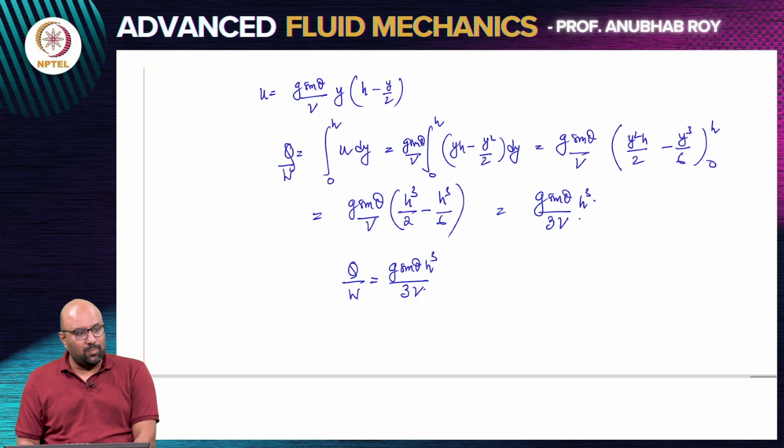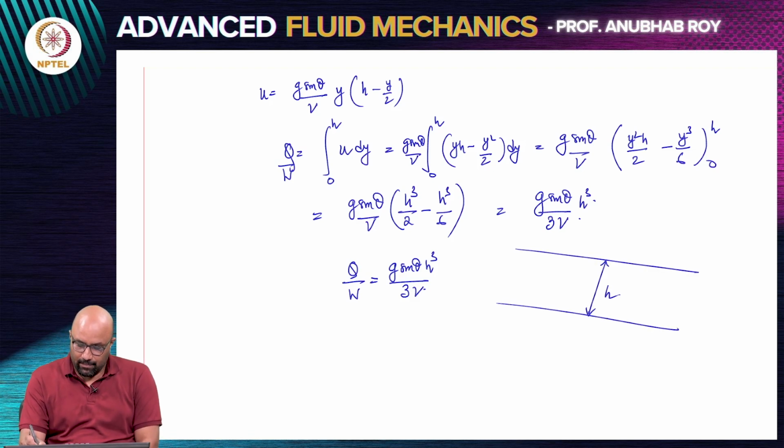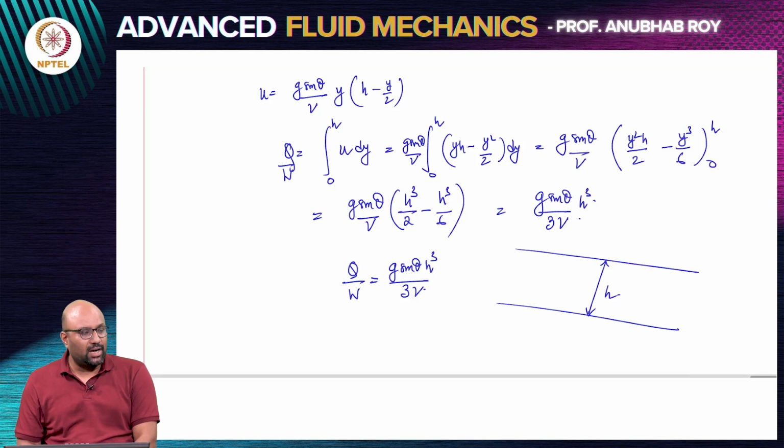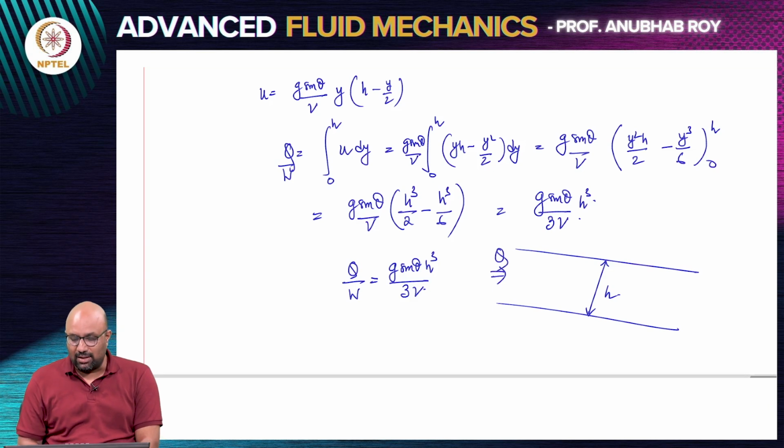So, as you keep increasing the thickness of the film, the flow rate increases with the third power. Or you can think of it the other way around, that if you were to increase the flow rate, then the thickness of the film is going to go as q to the power 1/3.